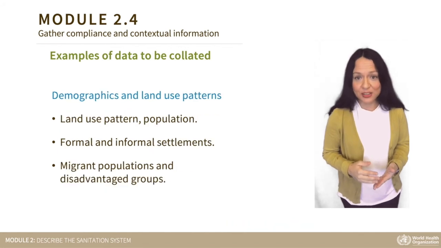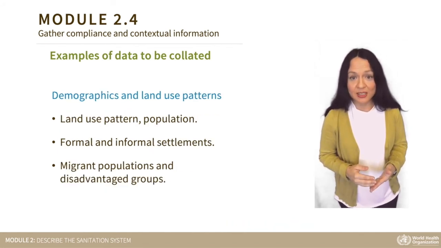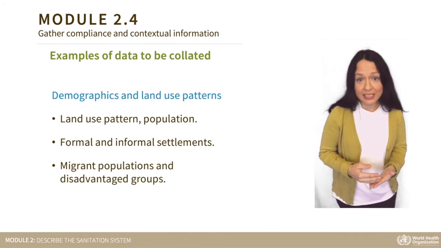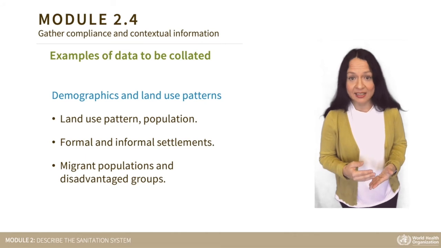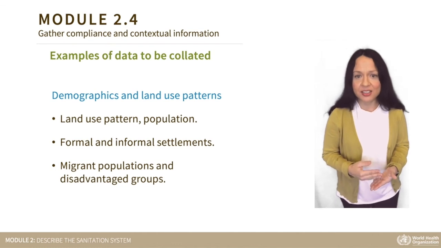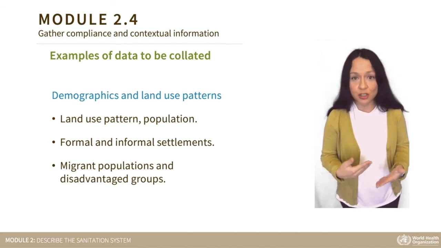Don't forget to collect information about demographics and land use patterns, such as population and special activities that might impact the sanitation system, formal and informal settlements, specific considerations such as ethnicity, religion, migrant populations, and disadvantaged groups.